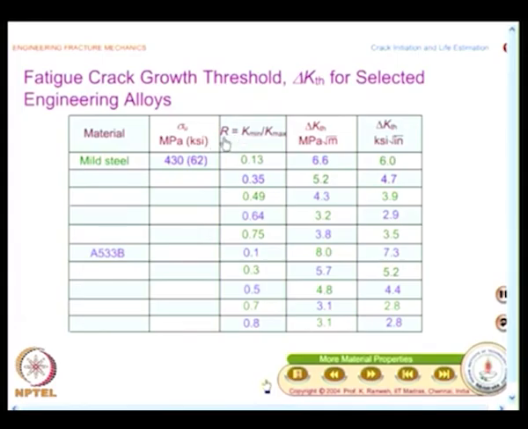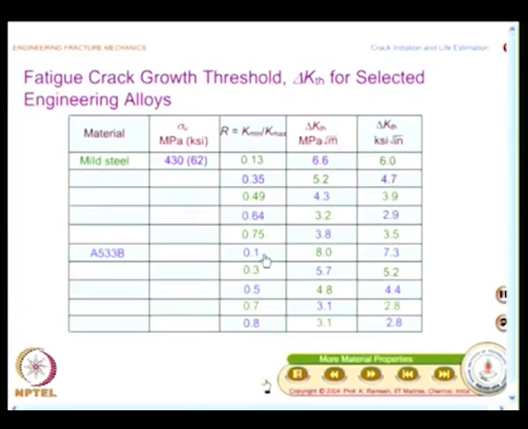So, if you go to fatigue literature, when the mean stress increases, R also would increase, it changes from 0.13 to 0.75, and if you look at the delta k threshold, the value decreases as the mean stress is increased. It goes from 6.6 MPa root meter, drops down to 3.8 MPa root meter.